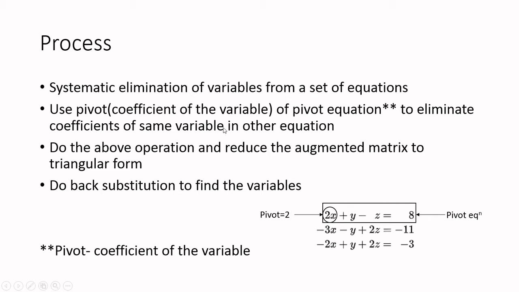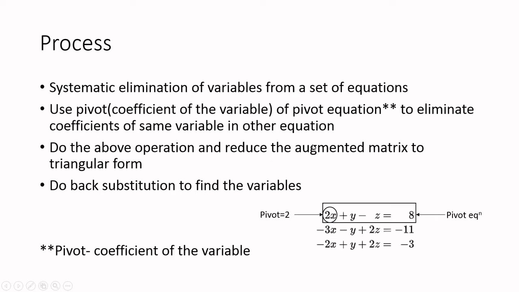So how does the Gauss elimination method work? There is a process to it, and it involves a systematic elimination of variables from a set of equations. There is a pivot equation. This is a pivot equation, and we have one pivot element, that is 2. Let's say in this equation we have a pivot of 2.